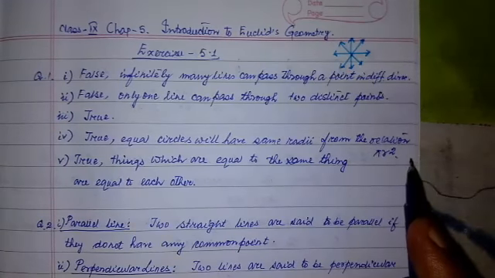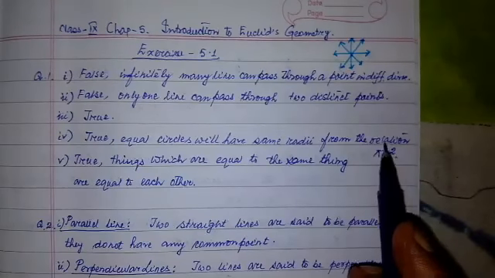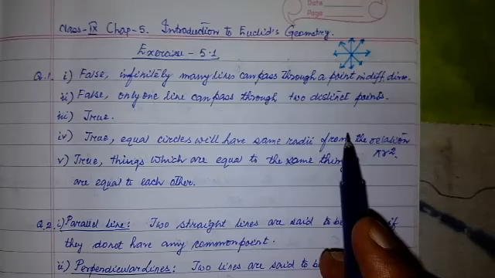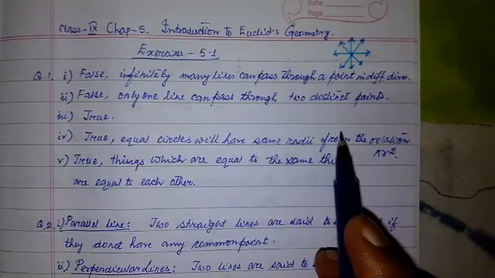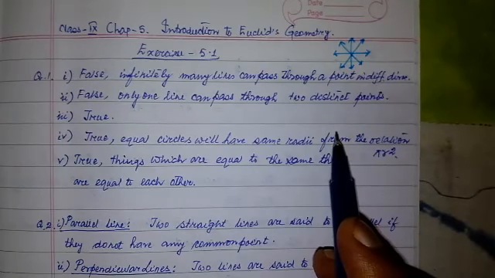Second, there are an infinite number of lines which pass through two distinct points. This is also a false statement, because only one line can pass through two distinct points.